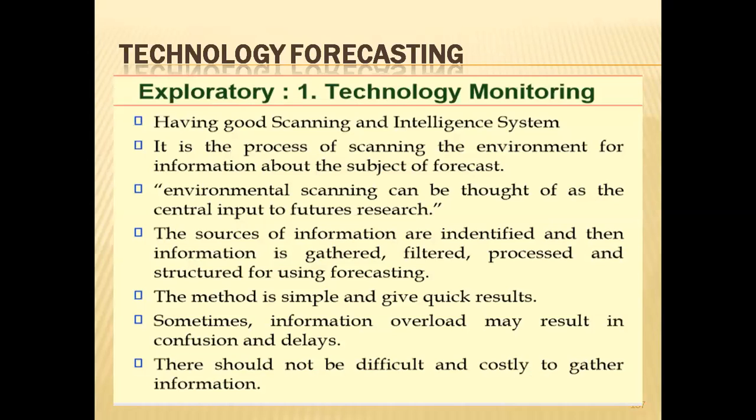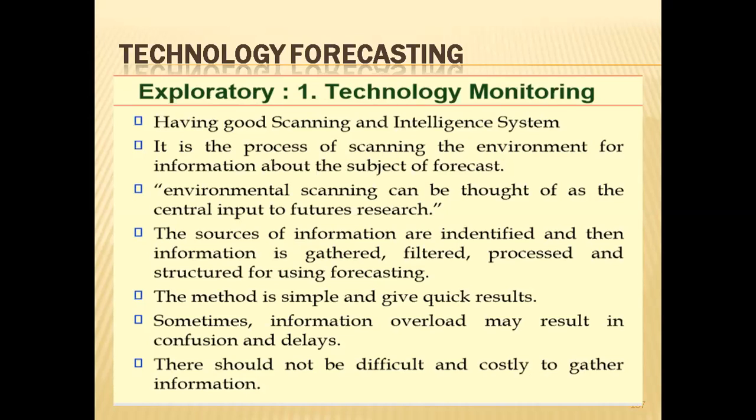Data is taken and a scanning process is done, and where required, environment scanning is also done. The sources of information are identified, and all the information is gathered, filtered, processed, and structured for forecasting.